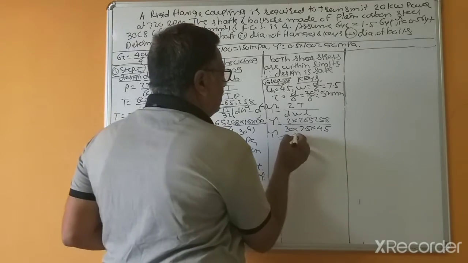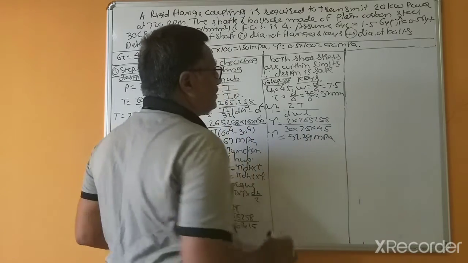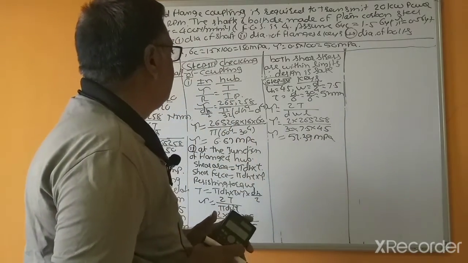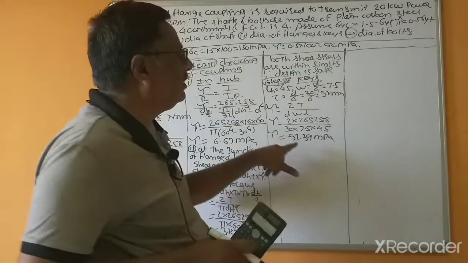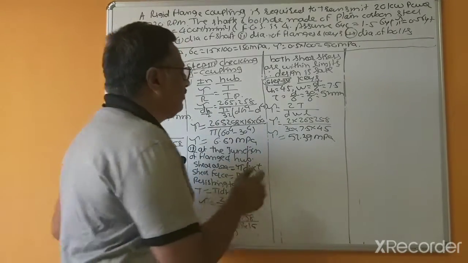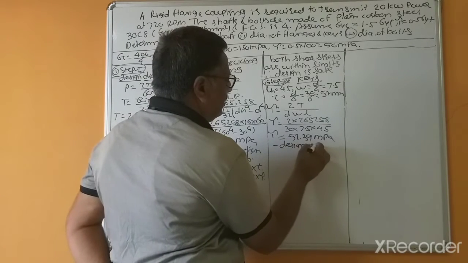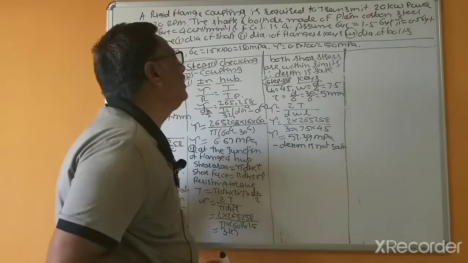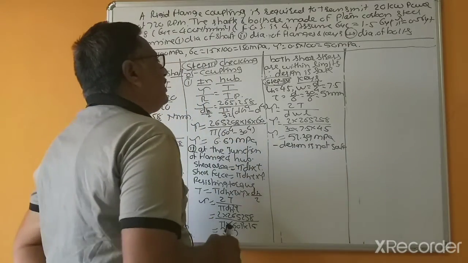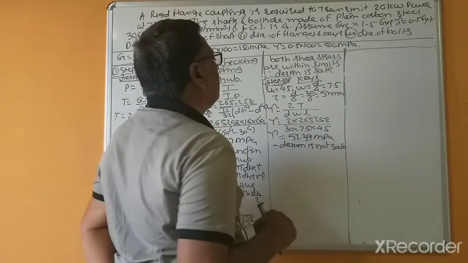So I got 52.39 megapascal. And what is given? This is 50. So that's why design is not safe. And here you can write design is not safe.